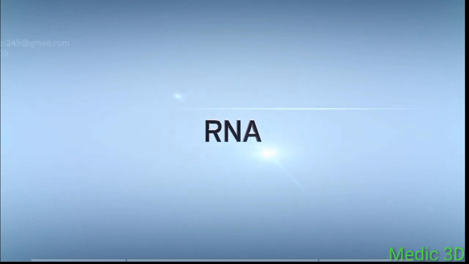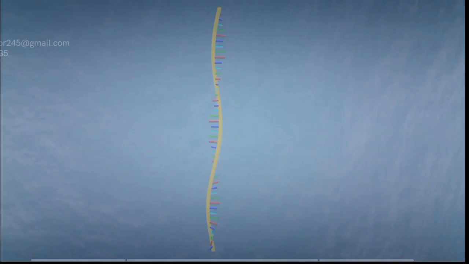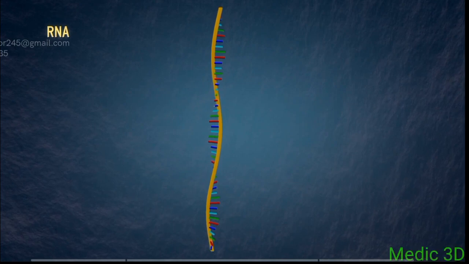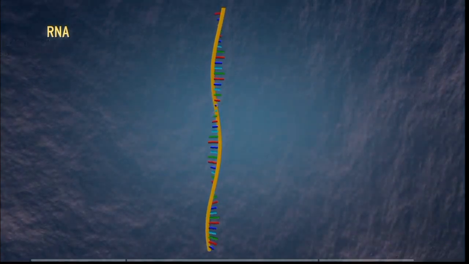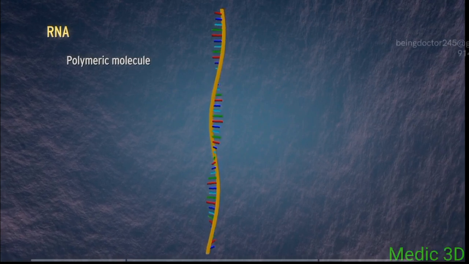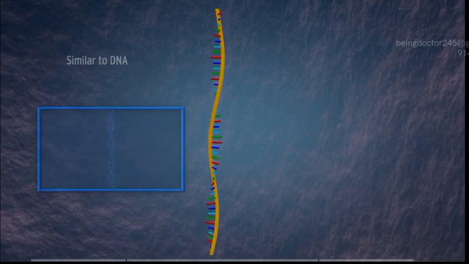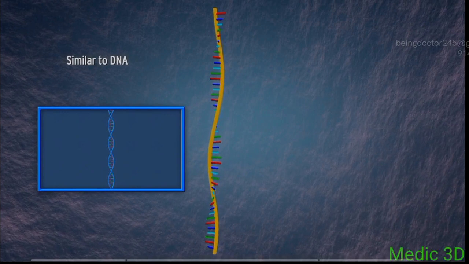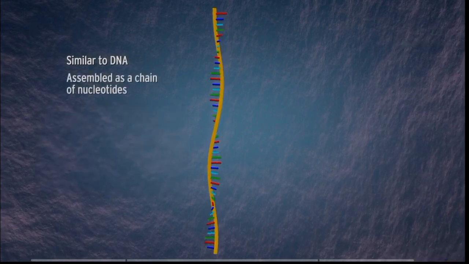RNA. Ribonucleic acid, RNA, is a polymeric molecule that is essential in several important biological functions. Similar to DNA, the RNA molecule is also assembled as a chain of nucleotides.